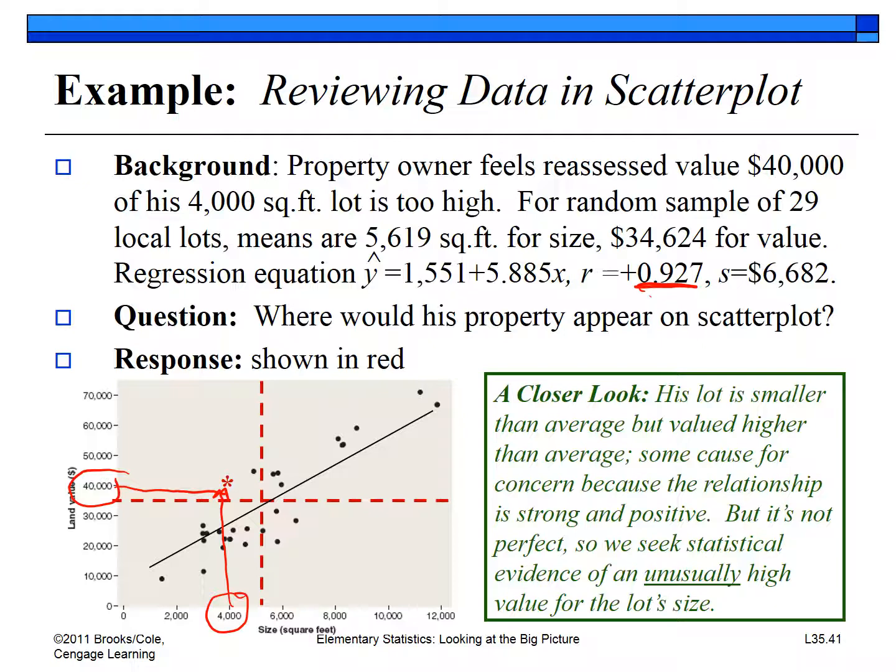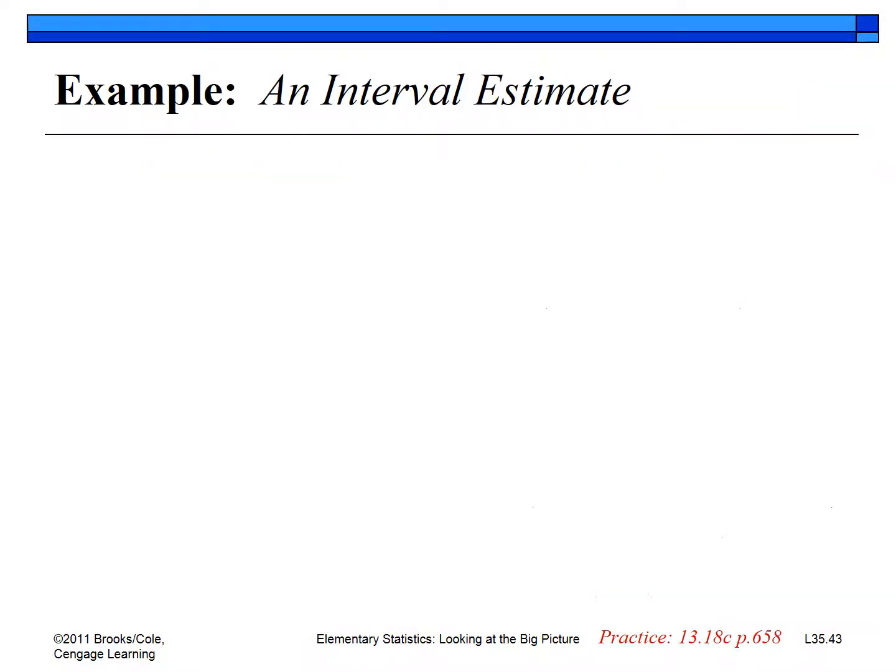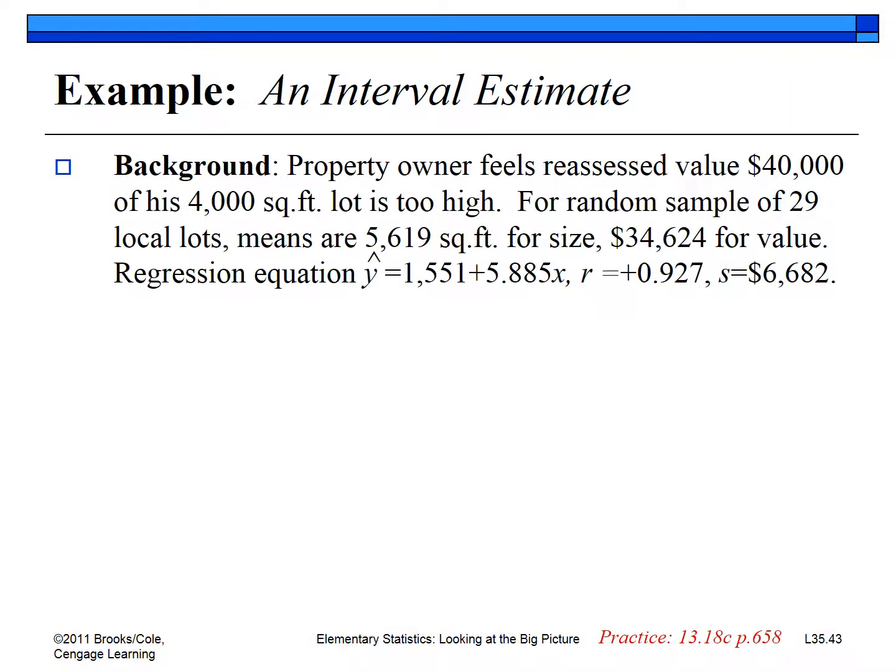So let's actually do some hypothesis testing. First, we'll do an interval. Property owner, again, has a 4,000 square foot lot that is assessed at $40,000. So we're given the regression equation for our sample of size 29.